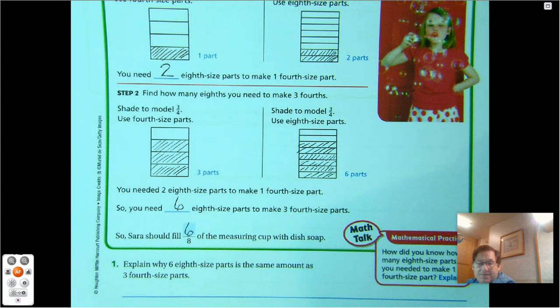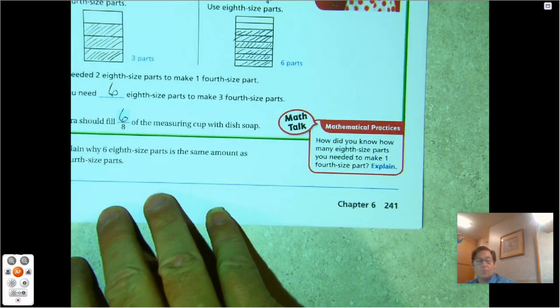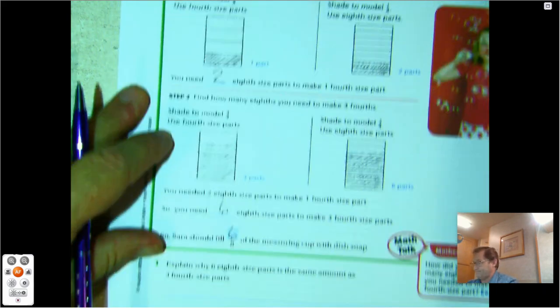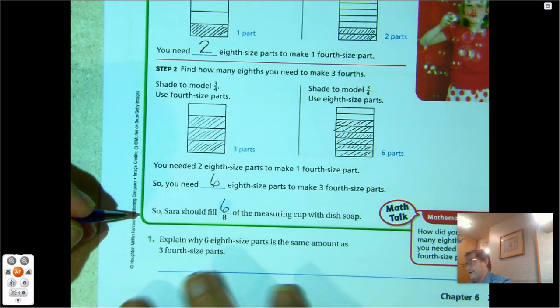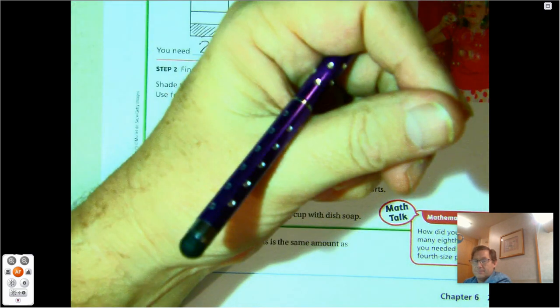Explain why 6/8 is the same amount as 3/4. Okay, so basically there are 2 eighth size parts in each fourth size part. So we needed 3 times 2. Okay, because we have 3/4 and we need 2 eighth size parts for every 1/4 part.